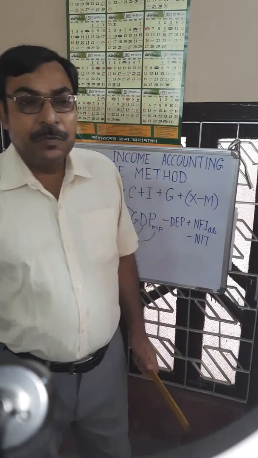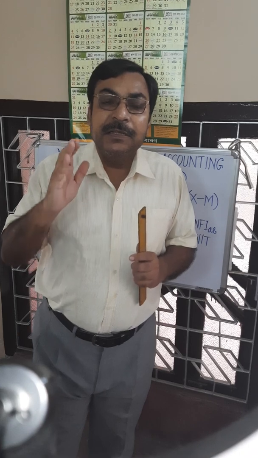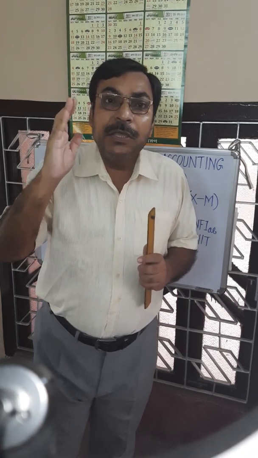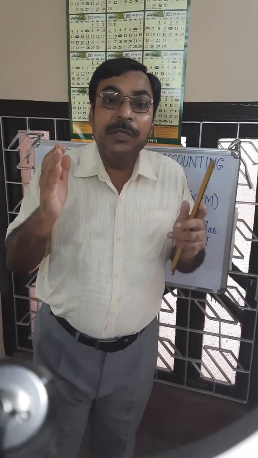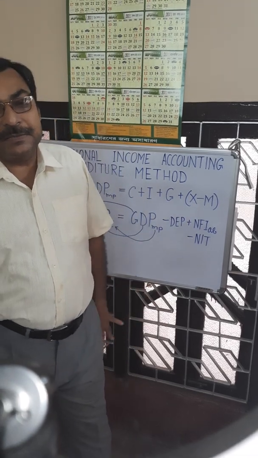So whenever we are estimating total expenditure in the economy from different economic agents, if we add them all, we will get GDP at market price, gross domestic product at market price.